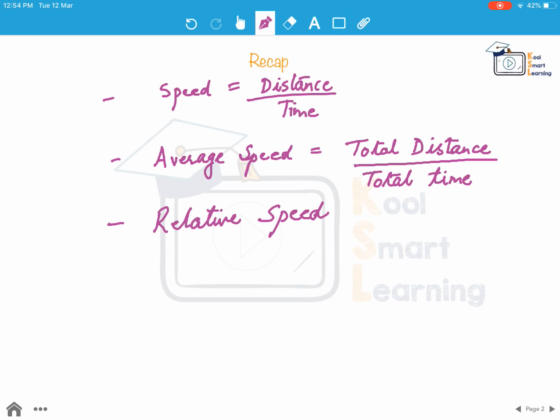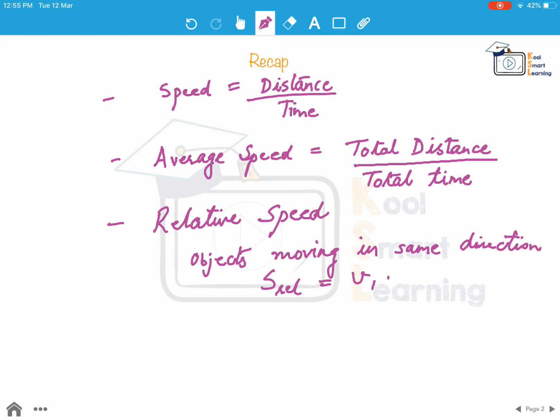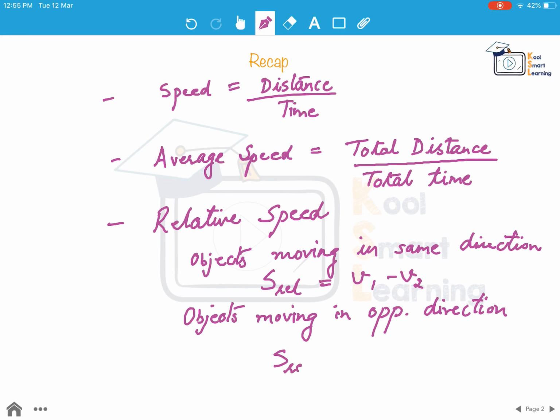So we said for objects moving in the same direction, relative speed is given by v1 minus v2, and objects moving in opposite direction, that could be either moving towards each other or moving away from each other, the relative speed is given by v1 plus v2.